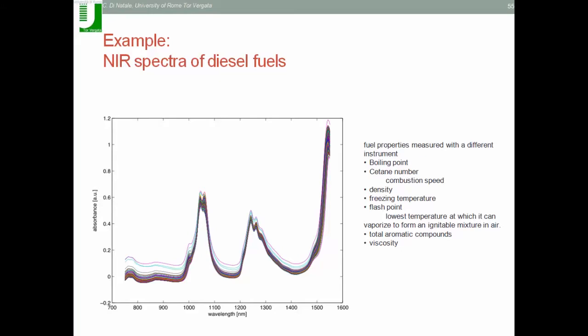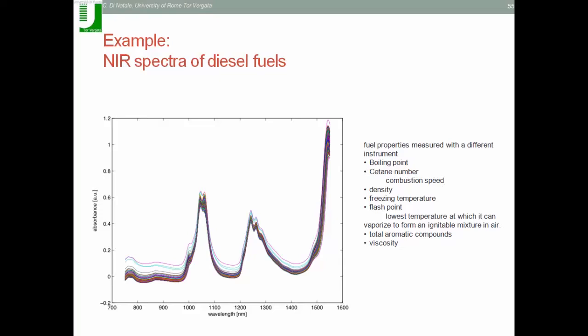There is a number of diesel fuels, and for each of them, we have some properties measured with another instrument. Boiling point, the cetane number, which is the combustion speed, the density, the freezing temperature, the flash point, which is the lowest temperature to form an ignitable mixture in air, the total aromatic compounds, the mass fraction that is due to aromatic compounds, and the viscosity.